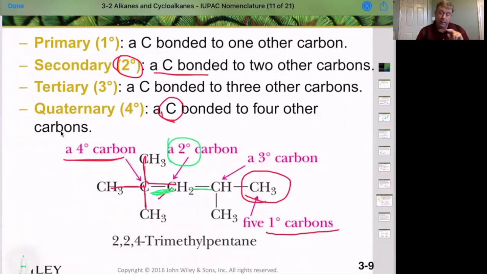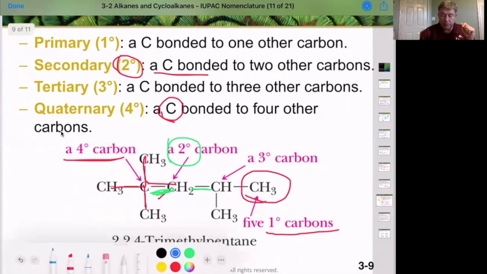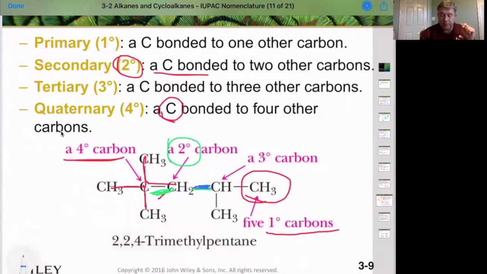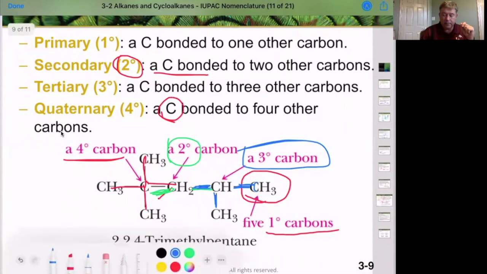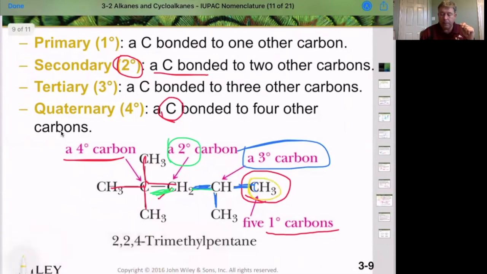And notice it has 2 hydrogens on it. If I change colors one more time, this one's bonded to 1, 2, 3 carbons, which makes it a tertiary carbon. And this one right here is at the end. It is a primary carbon, but we also have this primary carbon, this primary carbon, this primary carbon, and this primary carbon. So we have a total of 5 primary carbons on this compound.